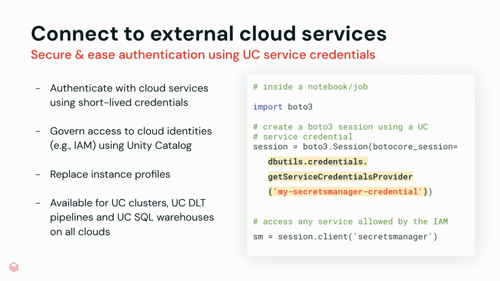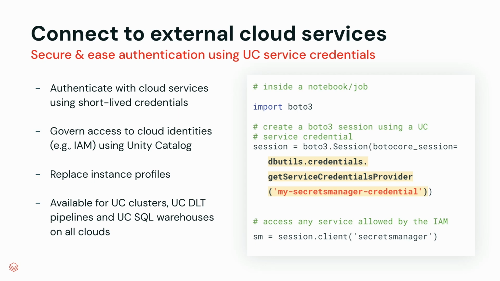Let's call it my secrets manager credential. And if I, as a user, execute this code, Unity Catalog will check whether I actually have permission to use this credential. And if I do, under the hood, Unity Catalog will get a short-lived credential and use it to authenticate the Boto3 session to access Secrets Manager.